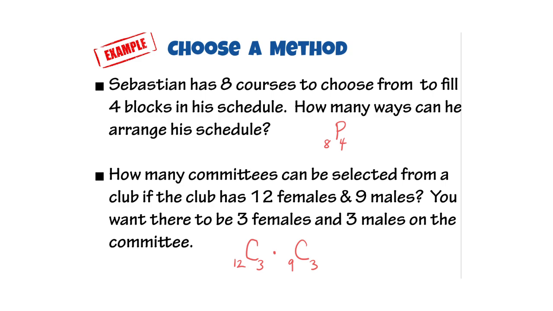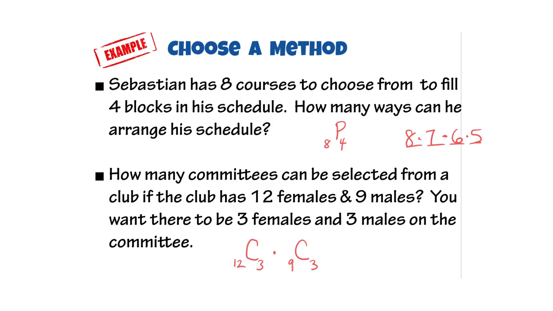Now, I should throw this out here. If you happened to do your 4 blocks and said you had 8, and then 7, 6, and then 5, because you can't repeat, that would have been an acceptable answer as well. It would have gotten you the same answer as the permutation. And 4 numbers is not that hard to type in your calculator, so maybe you opted for that.